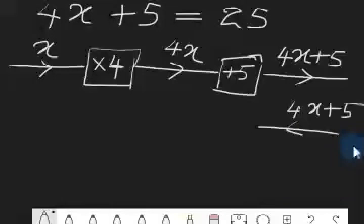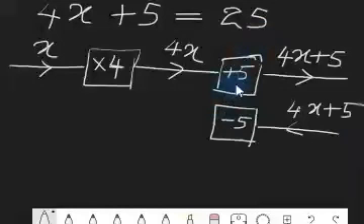Now I want to obtain 4x. For that, what do you have to do? You have to do the opposite mathematical operation. Here plus 5, add 5. Here subtract 5. 4x plus 5 subtract 5.